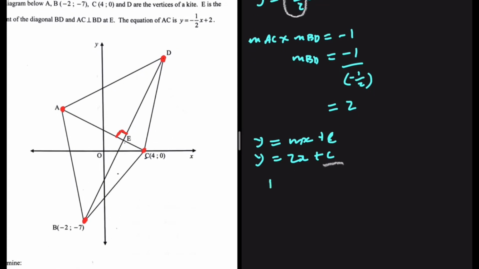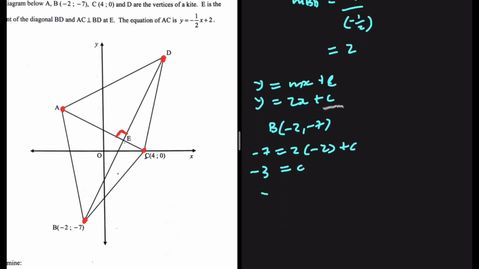We are given the coordinates of B, so let's substitute that into our equation. We're going to have minus 7 being equal to 2 multiplied by minus 2 plus c. Minus 3 is equal to c. So now we can say that the equation of BD is y equals 2x minus 3.